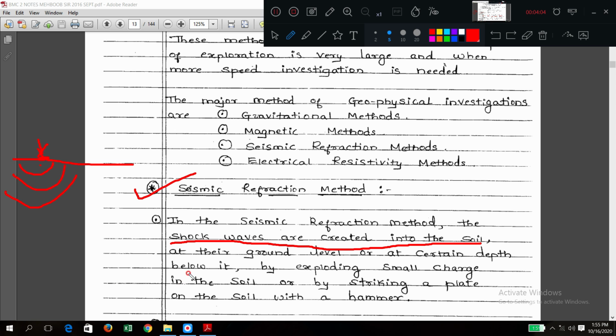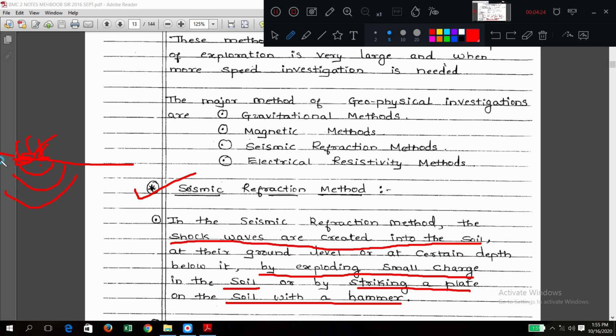And how it is generated, that is written here. Shock waves are generated by exploding a small charge in the soil or by striking a plate on the soil with a hammer. Means what? Here a small explosion is possible.